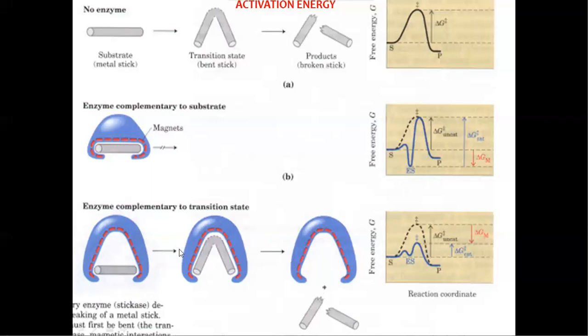So here 75% of energy will be expended by this enzyme to convert the substrate into products. Only 25% of energy will be consumed by these substrate molecules. That's why the activation energy will be very less when compared with the enzyme complementary in the second case and the first case.